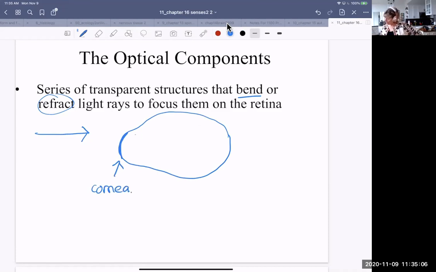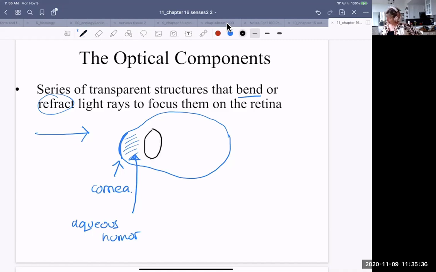And then just beyond the cornea is a type of liquid known as aqueous humor. What do you think the next structure is? Starts with an L. Is the next structure that light hits? The lens.